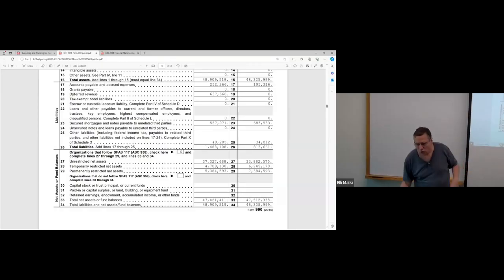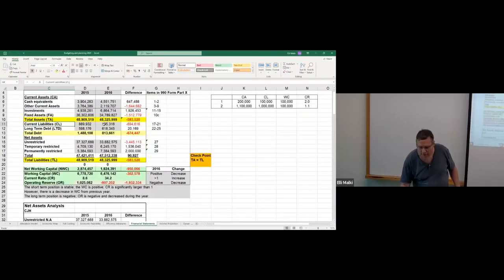Okay? So in our Excel file, let's look at the number here. Current liabilities in 2016, I have 17 to 29, and let's see where we got it from.